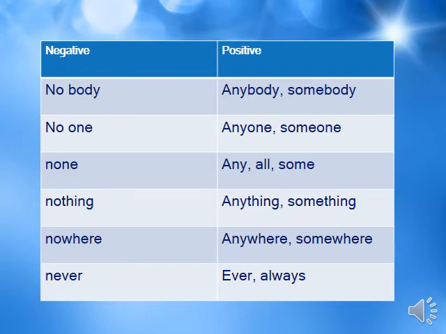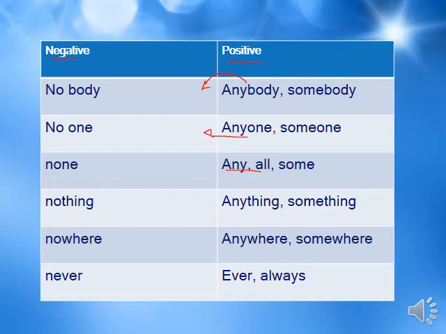So here you have to memorize these words, the negative and the positive. Okay, so we have nobody. We can read them in the opposite direction. Anybody and somebody, in the negative, they are nobody. Anyone and someone, in the negative, no one.